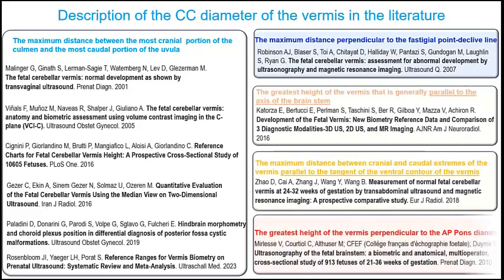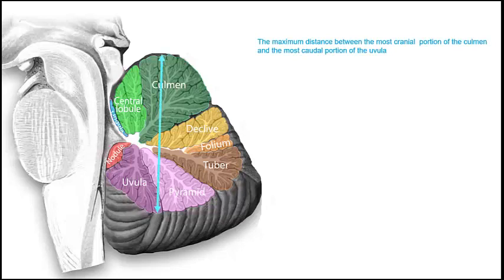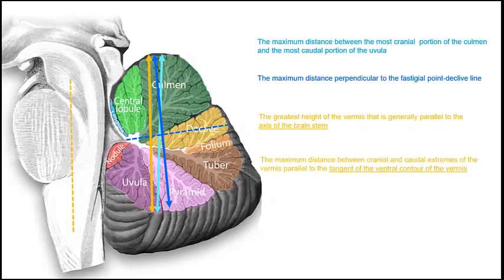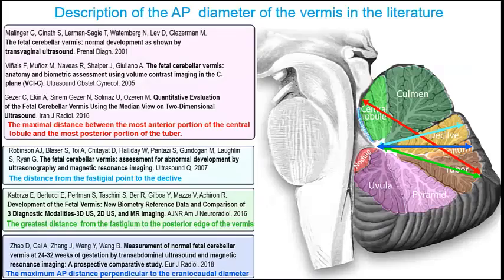The problem is that, once again, there are different definitions of the craniocaudal diameter of the vermis in the literature. Although in daily practice, probably there is no significant difference between all these definitions of the craniocaudal diameter.